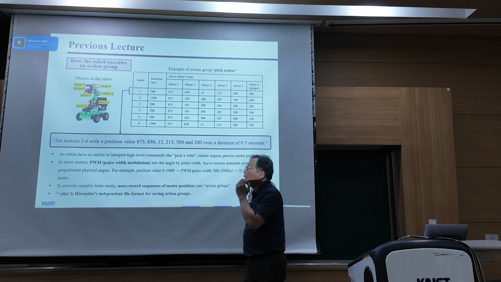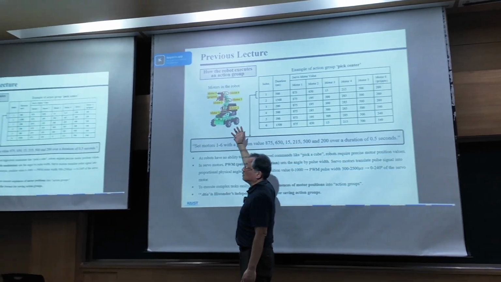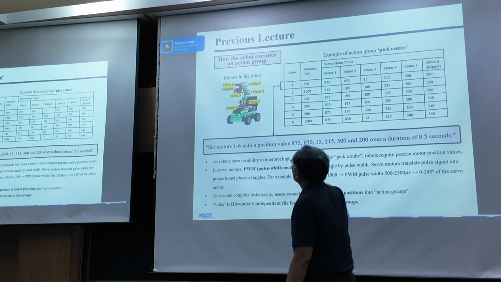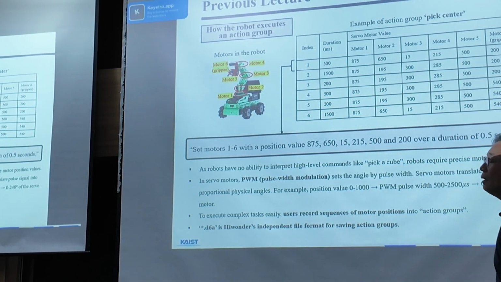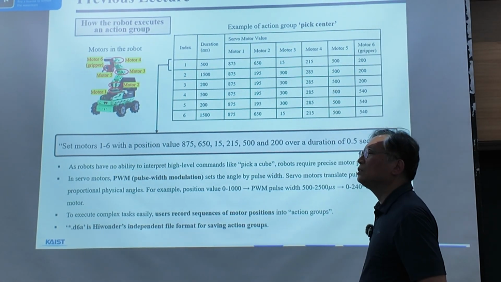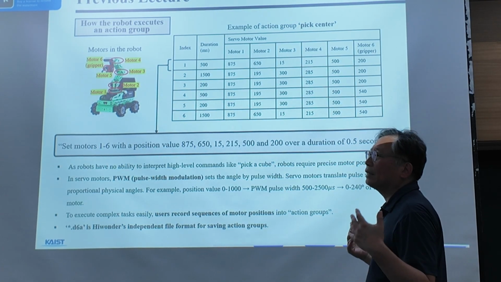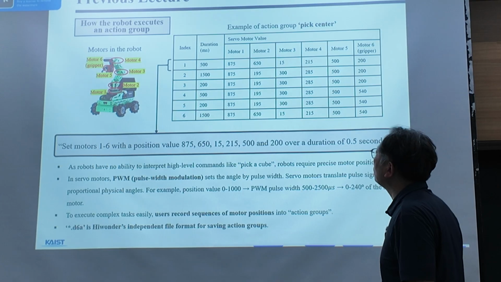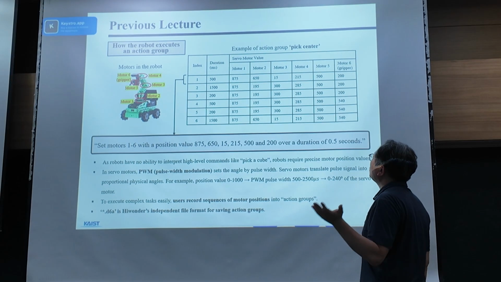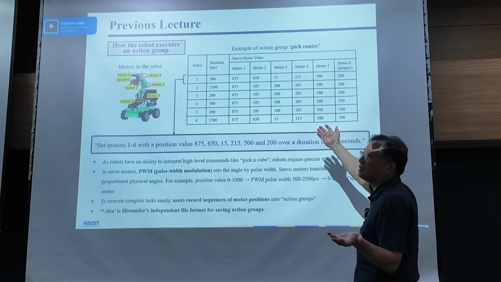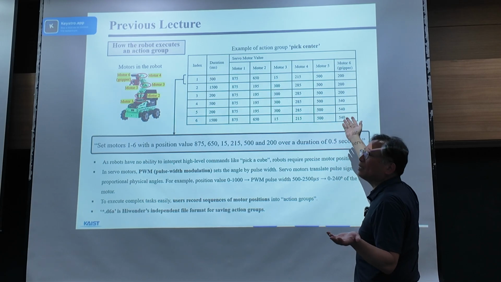So the robot has 6 motors. And you're going to define an action group. We call it an action group. This is an example of pick center.